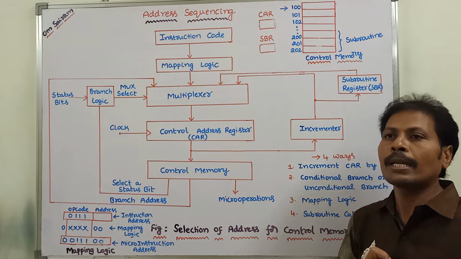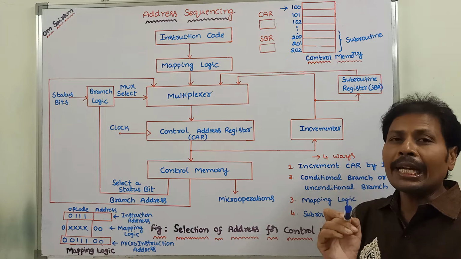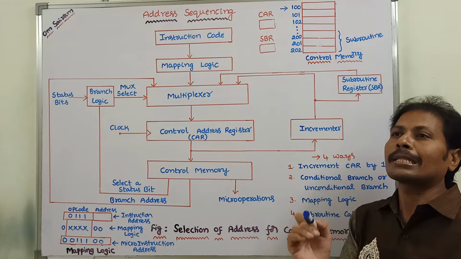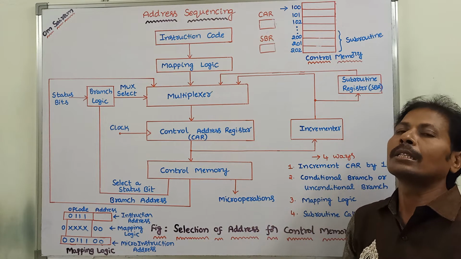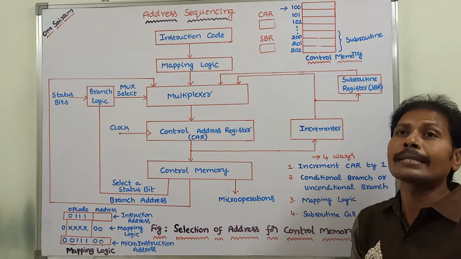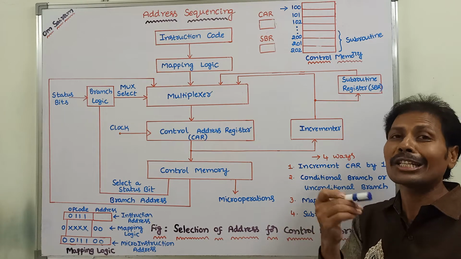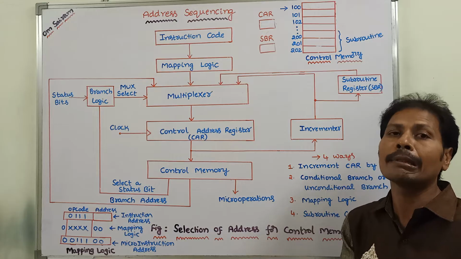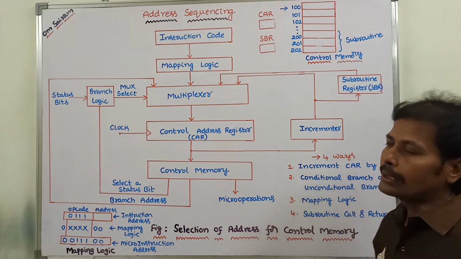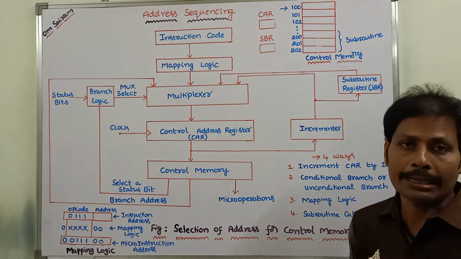That means once the current micro instruction is executing, then the control determines the address of the next micro instruction in the sequence. That is called address sequencing.